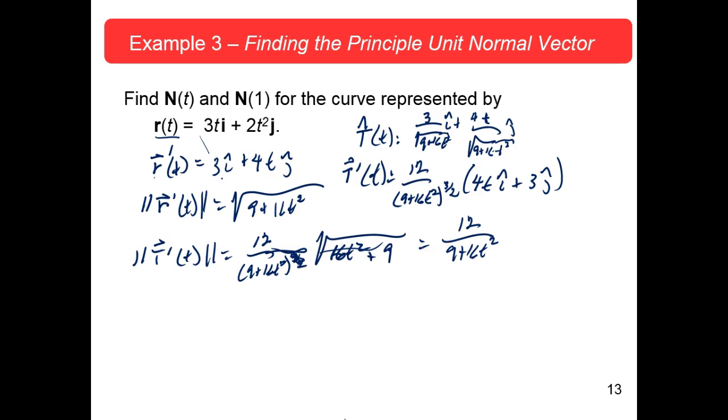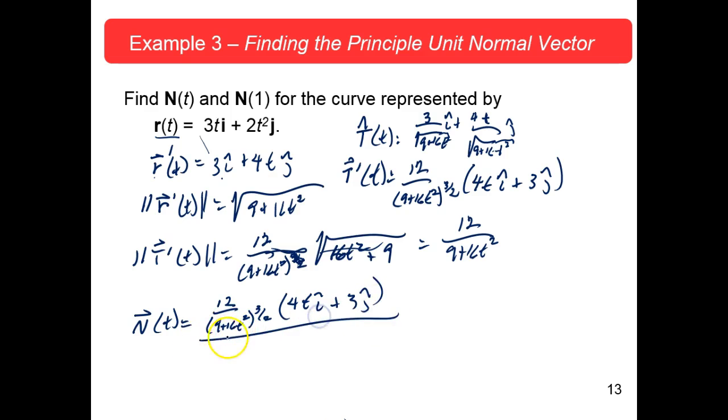That is the magnitude of T prime. So what is your unit normal vector? The unit normal vector is a function of time. The real pain is the unit tangent vector, which would be 12 over (9 plus 16t squared) to the 3/2, times 4ti plus 3j.